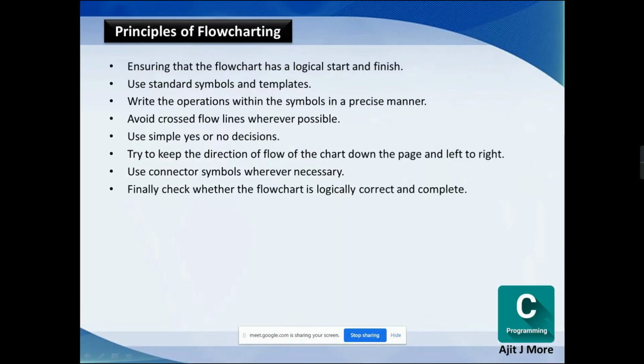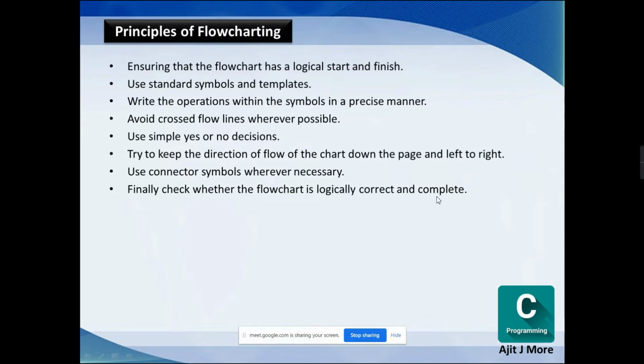Okay? And finally check whether the flowchart is logically correct. Means once the drawing is complete, then try to check its effectiveness. How will you check its effectiveness? You'll take some sample input, and on that input you'll check whether the execution is going in a proper manner and it is giving you the desired output.